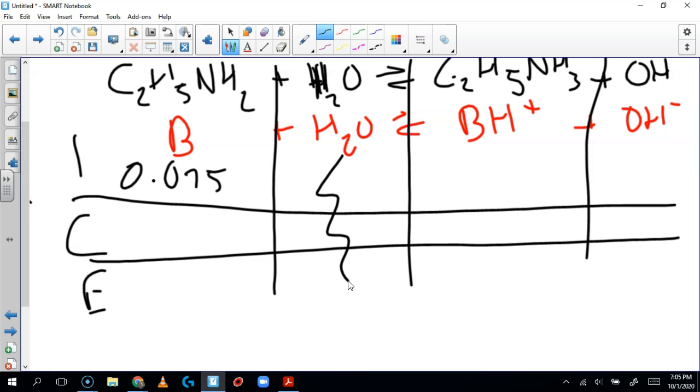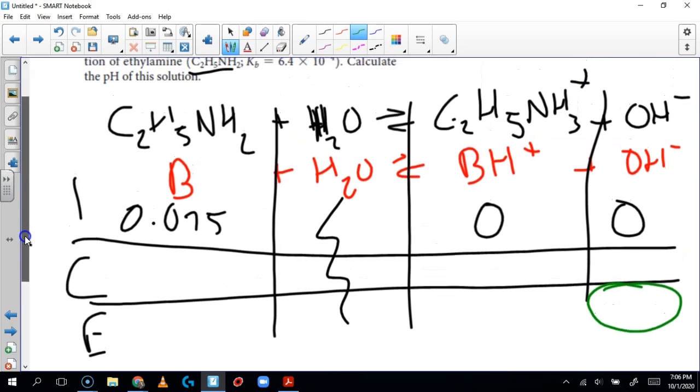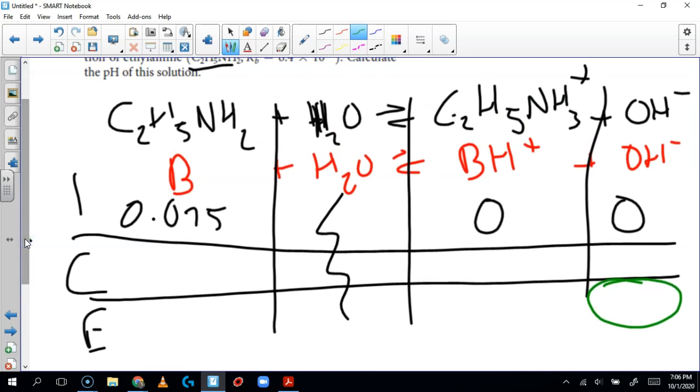So in order to determine the pH, we need to solve for this part of the ICE chart. We need to find the hydroxide ion. From the hydroxide ion, we can find the hydronium ion and calculate the pH, or we could find the pOH and then calculate the pH. So, knowing that this is weak, now we can finish filling in our ICE chart.